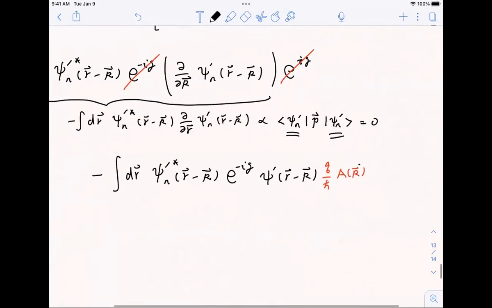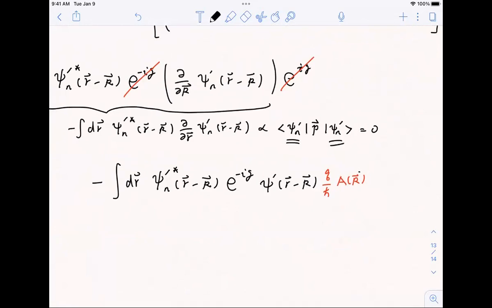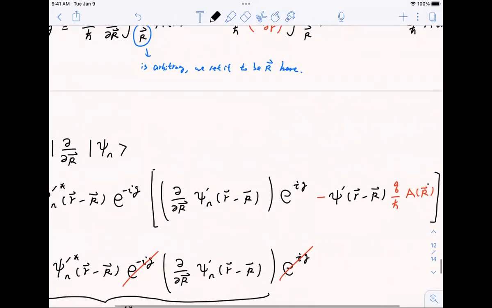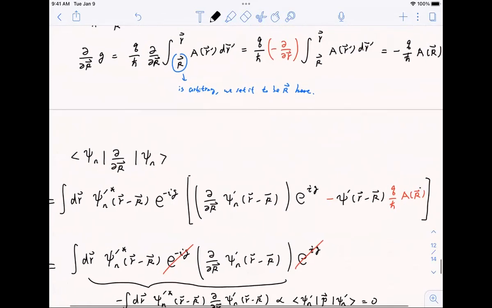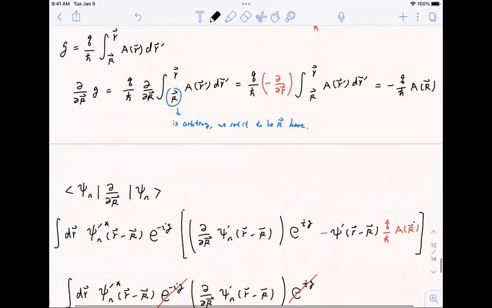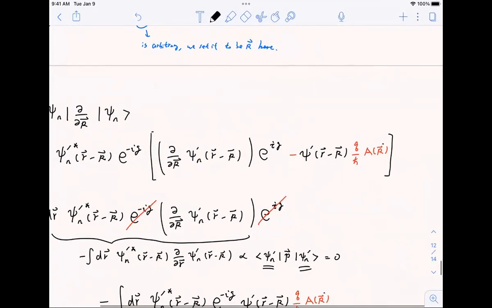Okay. So let me see this. It looks like I'm missing a G here.